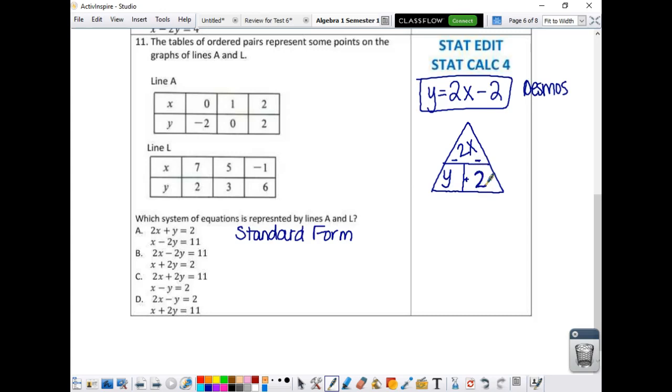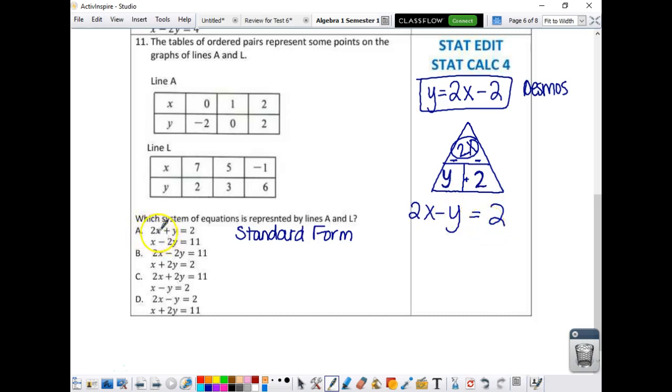So if we're trying to get it into standard form, we need to have the x and y together. So what this tells me is that now it's 2x minus y equals 2. So I start on this side, I'm subtracting y, and it's going to equal the final term, 2. 2x minus y equals 2.